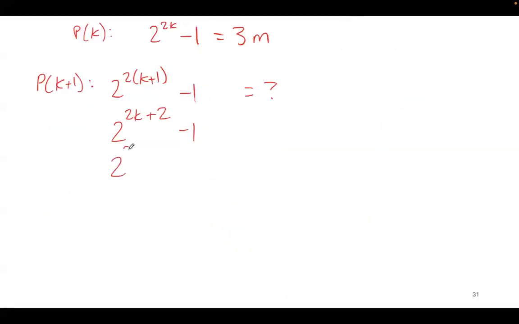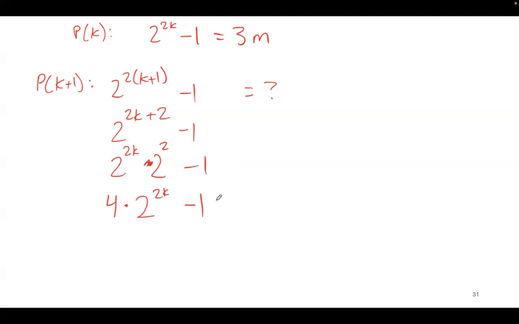So we get 2 to the 2k times 2 squared minus 1. And then we get to 4 times 2 to the 2k minus 1. That's where we kind of stall out.